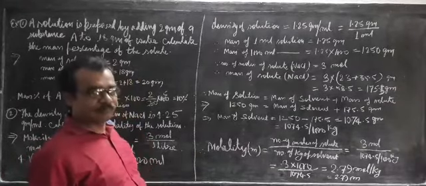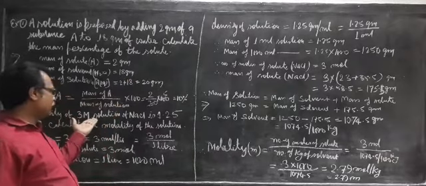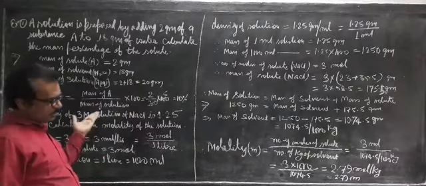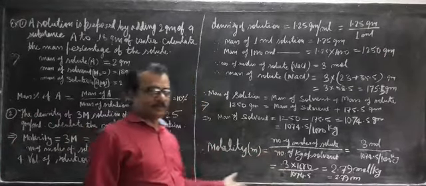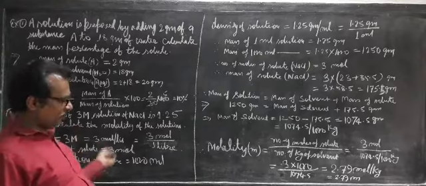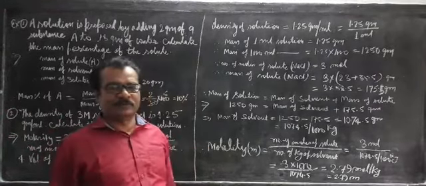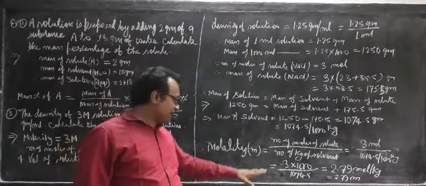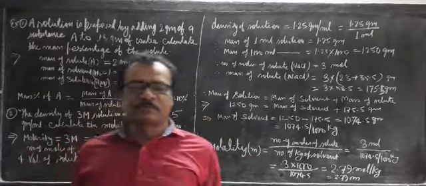Both cannot be the same. For the same solution, molarity is 3m, whereas molality is 2.79. That means molality and molarity have a relation, and we are able to convert between them.